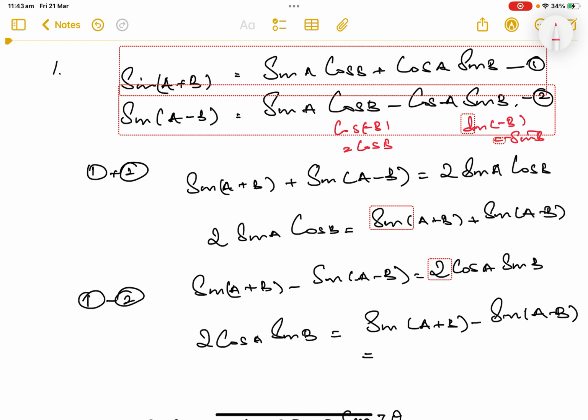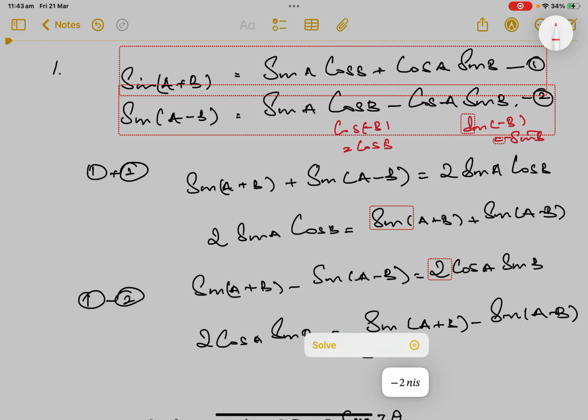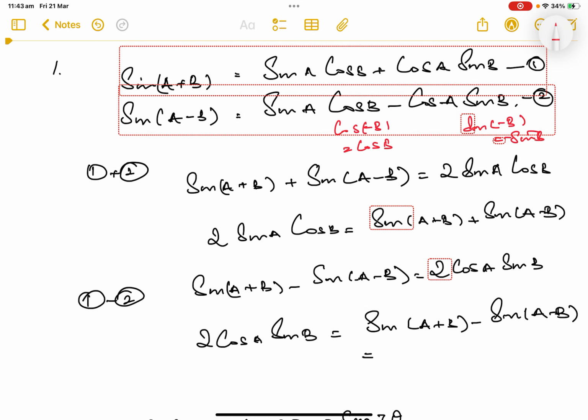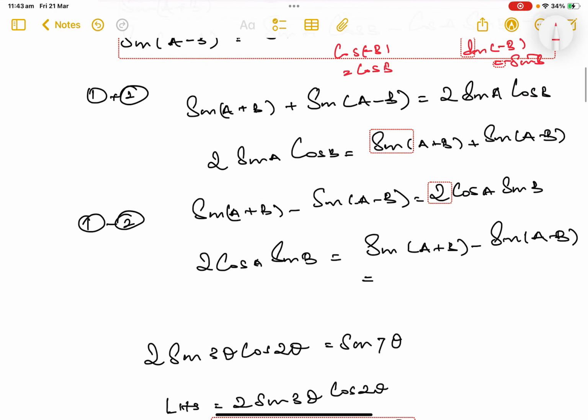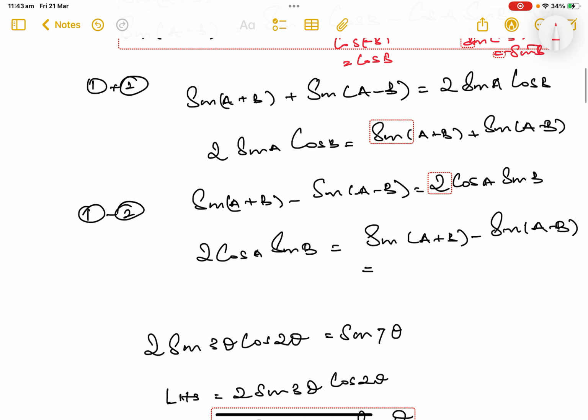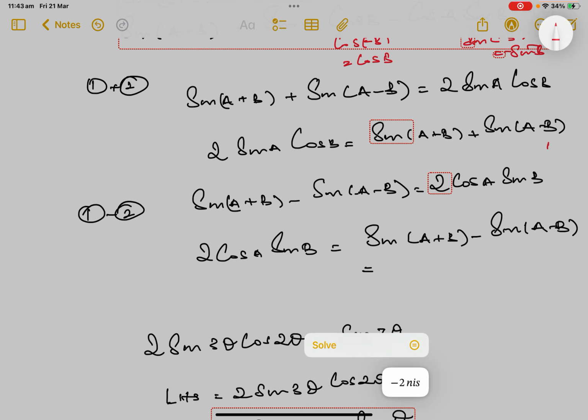On the right hand side, the cos A sine B terms cancel out because of plus and minus. Therefore, what we are left with is 2 sine A cos B. So 2 sine A cos B equals sine A plus B plus sine A minus B. That is what they asked us to find.